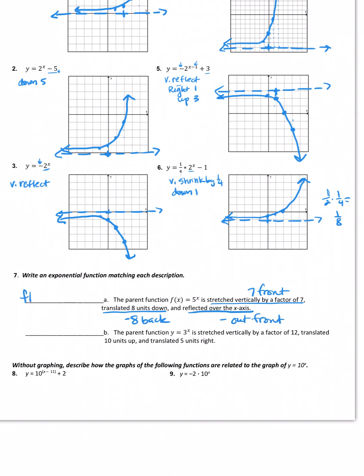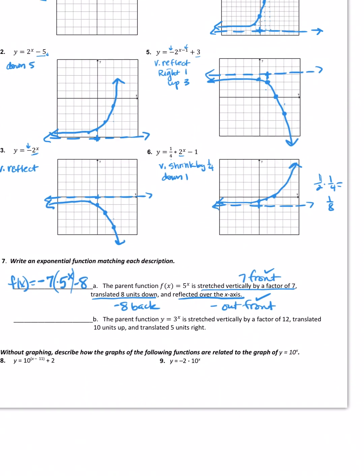We would have f of x equals, okay, I have a negative out front, minus, the vertical is the 7, and then I can put times 5 to the x, there's the parent, and then the -8 in the back. If you want, you can put parentheses around that if you'd like. Sometimes that helps you to see it better. But definitely don't multiply the -7 and the 5. That's not what you want to do.